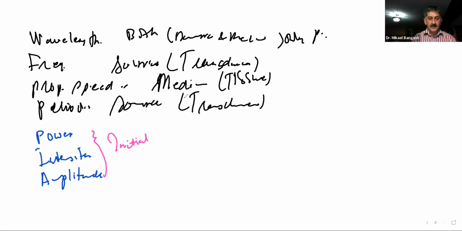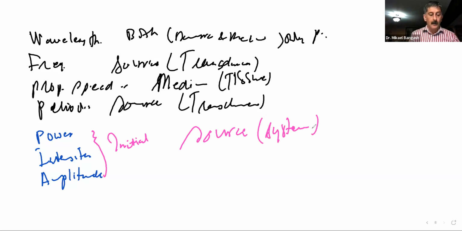Since it says initial, that is going to make it the source, which means the ultrasound system. Is that clear?